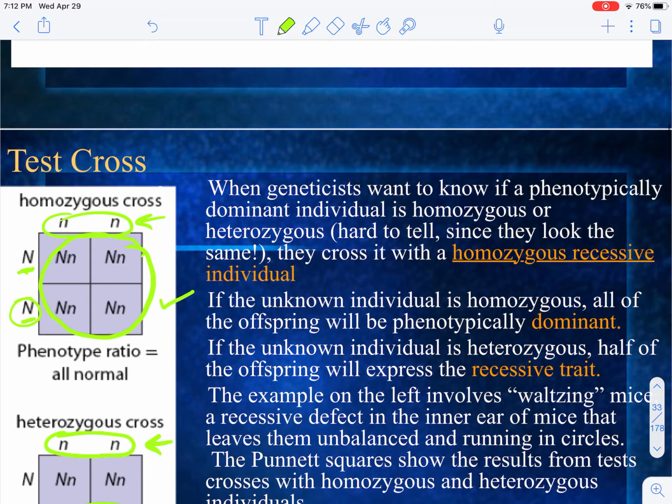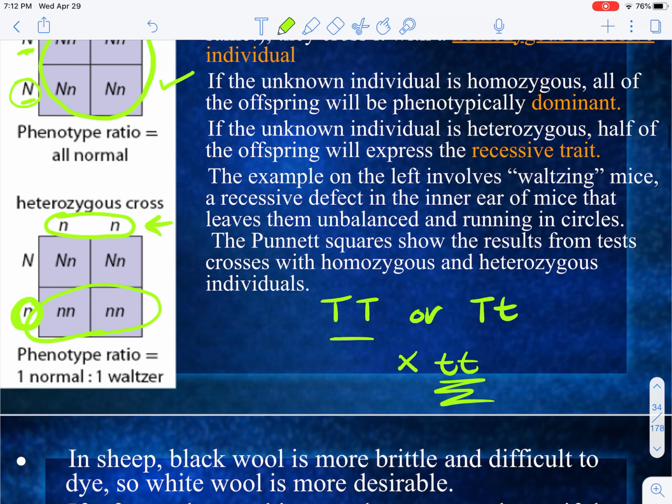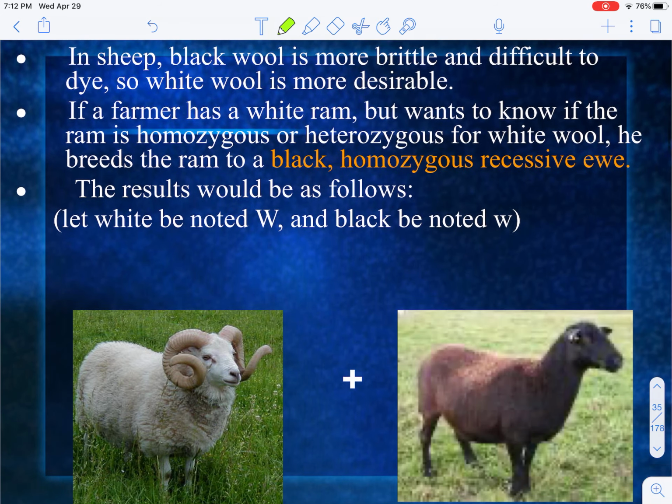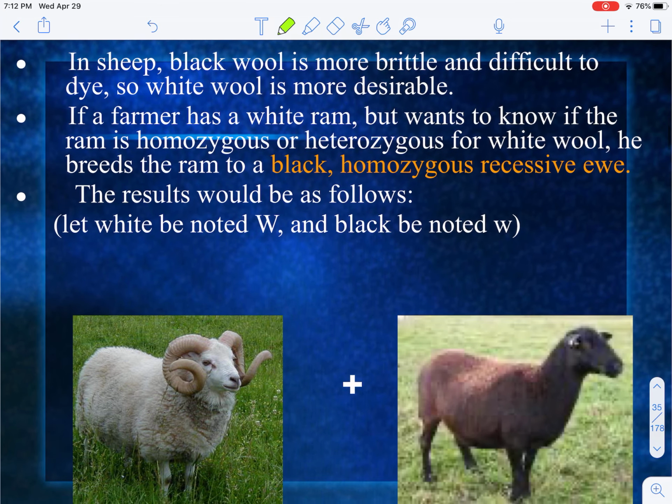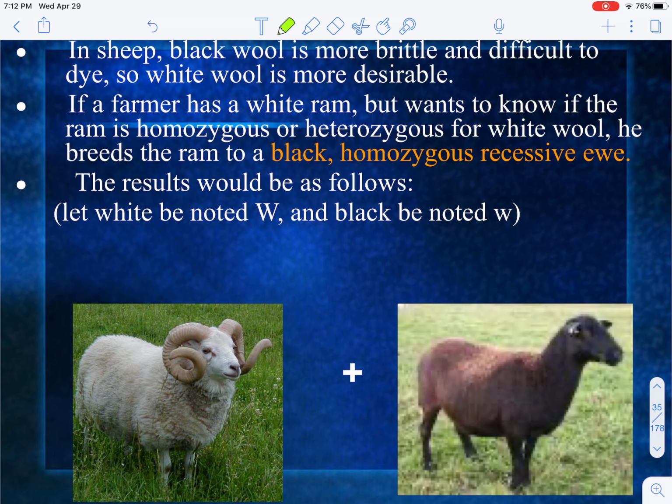And so a test cross is where you cross your individuals with a homozygous recessive, and then you can look at the offspring and see whether in fact there was a hidden recessive in that individual, because half of the offspring would end up recessive.